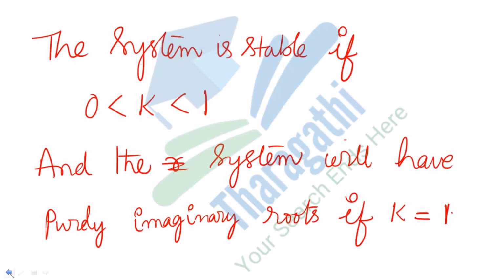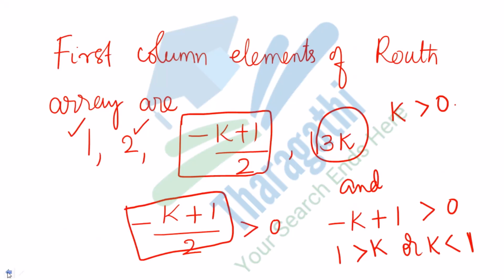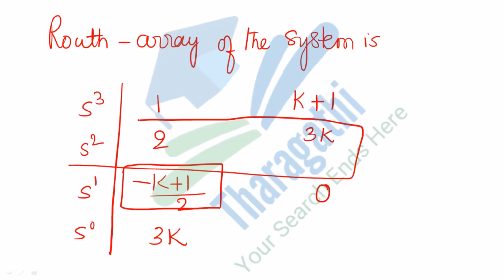If k is equal to 1, all the elements in the s power 1 row will become 0. So you have to formulate the auxiliary equation by selecting the elements of the s square row.